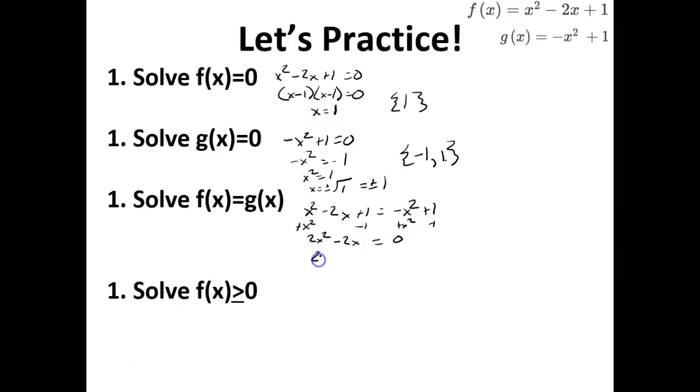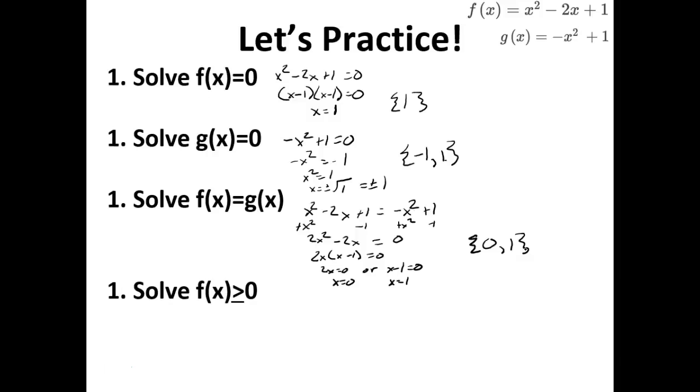So here 2x times x minus 1 is equal to 0. Either 2x is equal to 0 or x minus 1 is equal to 0. In this case x is 0, or x is equal to 1. Those are the two solutions. Again, take note, all you have to enter in MyMathLab is a 0 and a 1.